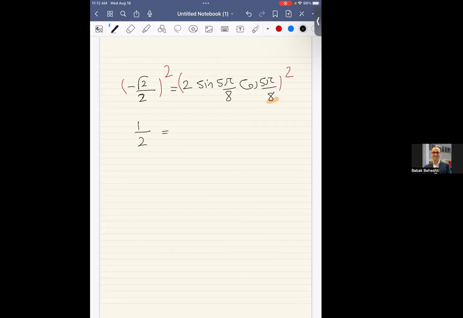And on the right side, you get 2 times sine square of 5 pi over 8 times cosine square of 5 pi over 8. Cosine square is just 1 minus sine square.